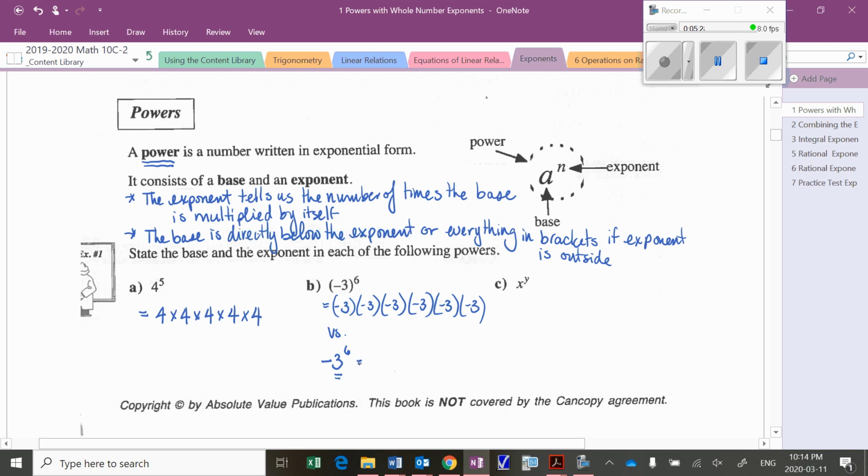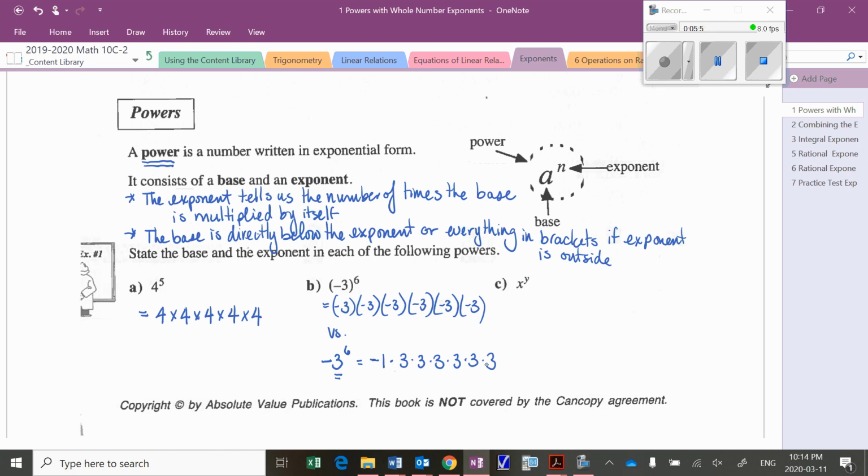So if I was expanding this, it would look like negative 1 times 3 times 3 times 3 times 3 times 3, and one more 3. So we've got 6 threes being multiplied by itself, but the negative is not included in the base.